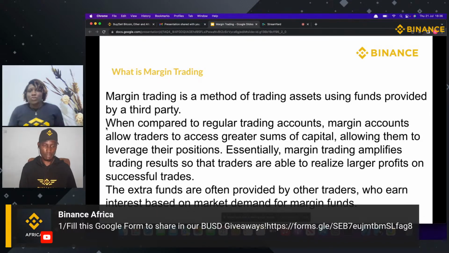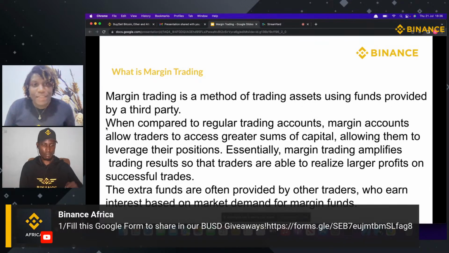You may be wondering, where are these extra funds coming from? These extra funds are coming from other traders who may not have that kind of risk appetite to do margin trading, but they can commit their funds into a margin fund. This pool of funds supports other traders with extra funds when they leverage on margin trading.